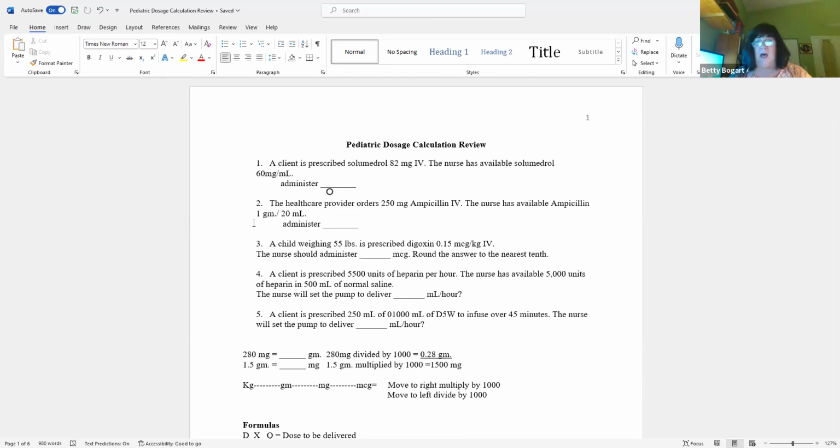I don't see volume and I don't see time, do you? No. So what dose do I need to give in number one? Prescribed, order, deliver. You need to give 82 mgs. Right, exactly. And they have available, the pharmacy sent 60 milligrams per mL. So let's do that one.